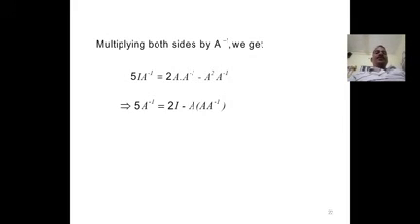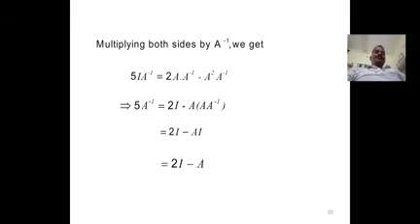From this, 5A inverse equals 2I minus A into A into A inverse. A into A inverse is identity, so 5A inverse equals 2I minus A.